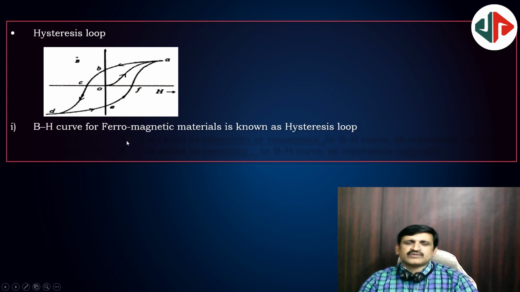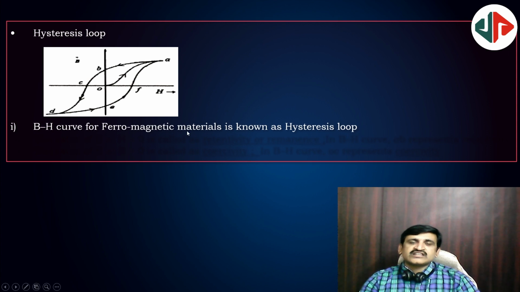Both will be the same, just on multiplying with mu. Ferromagnetic materials will have a large area like this. They are permanent magnets. If the area enclosed by the graph is less, then they are less permanent magnets. They can be used for temporary magnets. That means whenever you magnetize, they won't follow immediately. So that lag is called hysteresis.